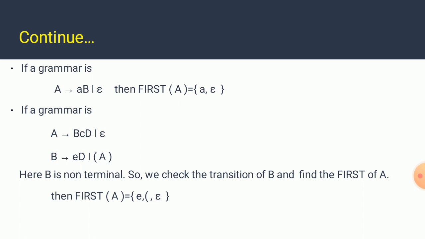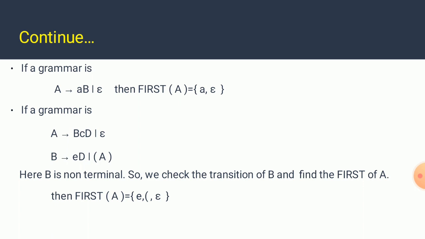The last condition for first is when there is no terminal in the first place, like if capital A produces capital B, C, capital D. There is a variable, then another variable, so we have to use that variable for the first symbol.